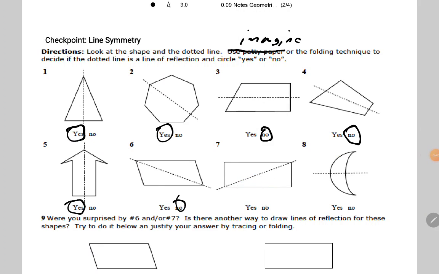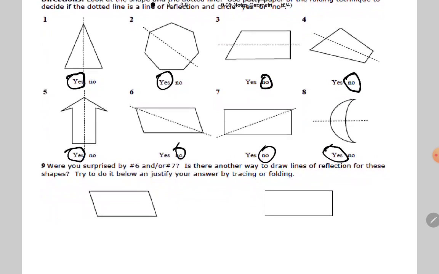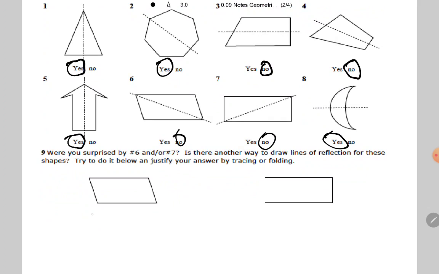If you try to fold it that way, it does not work. But this one, you can. Let's see, what's next? So no, there are no lines of reflection here, but you could cut it in half that way. I mean, you could have folded over those 2 lines.